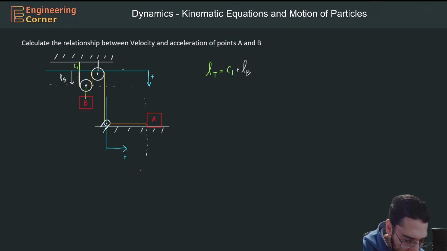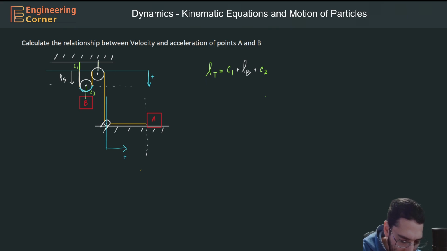As I follow my pulley, I have to go around the pulley. And that length, again, it's going around a pulley. It's never changing, but I'm going to call that plus C2. C2 seems like a good idea right now.